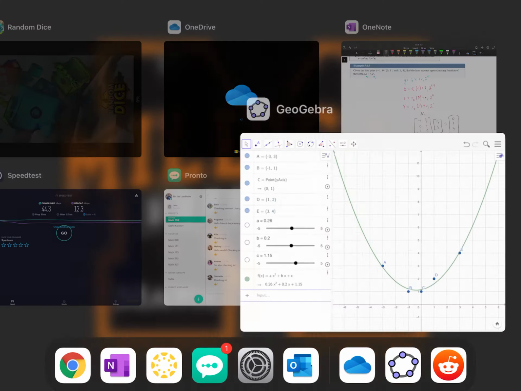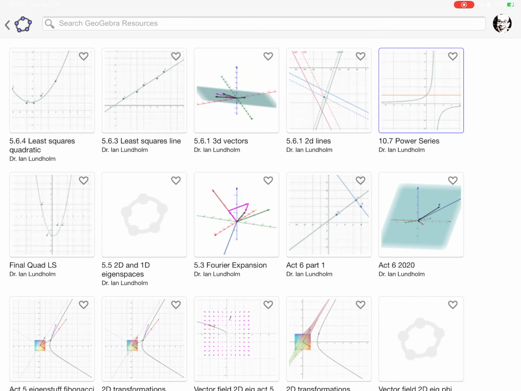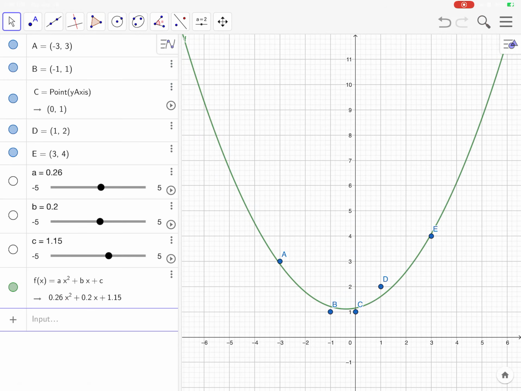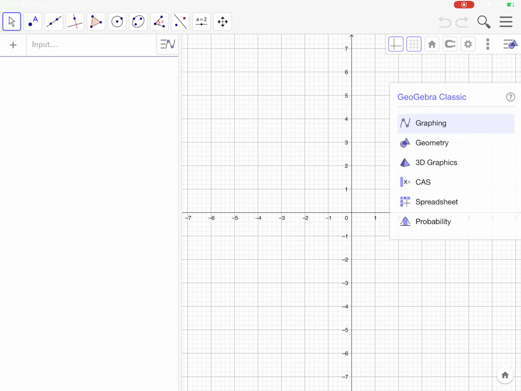Here's what it looks like on GeoGebra. Hopefully it's there. I know that I made one for it. We can do this real quick. Here, let's just start with a new one. Don't save. I made this already on GeoGebra.